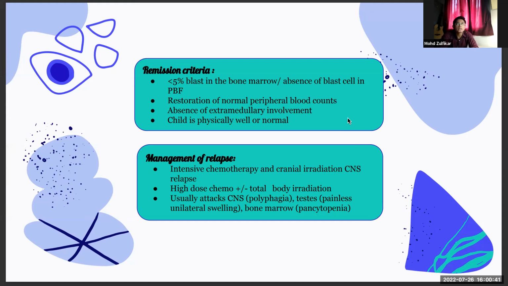And if the cancer attacks the CNS, the patient might present with polyphagia. If the testis is involved, there will be painless unilateral swelling, and if it involves the bone marrow, it will present with pancytopenia. So next slide.